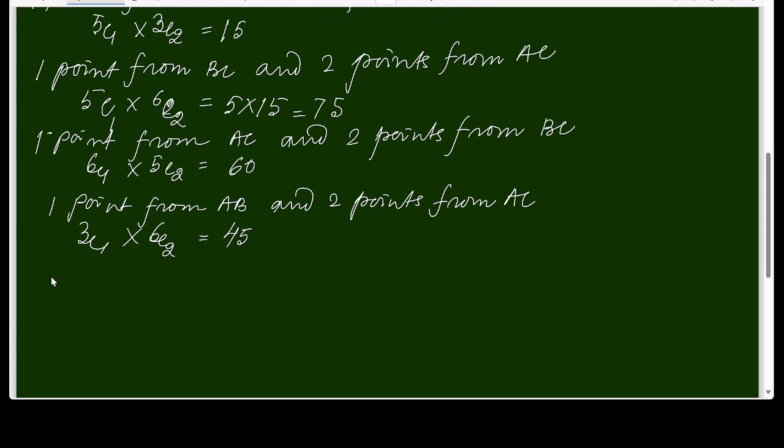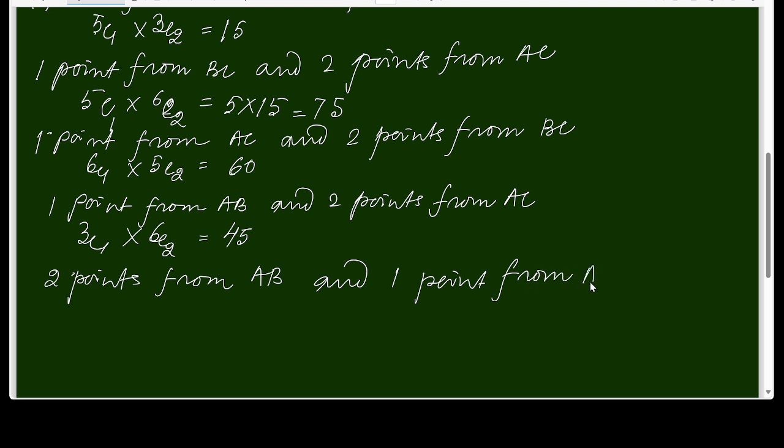And 2 points from AB and 1 point from AC. So it will be 6C1 into 3C2. It will be 18.